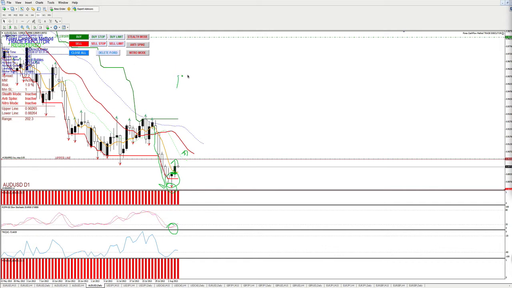We've seen over 1,700 pips of a move from the top back in April all the way until now, pretty much a straight downtrend. So I anticipate at least a 500 to 600 pip correction here, which would bring us back up to this level or maybe a little higher. I don't think there's going to be an overall trend change, but I do think we're going to see a good correction here.